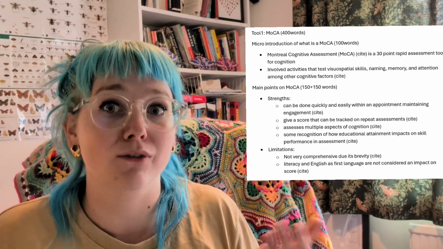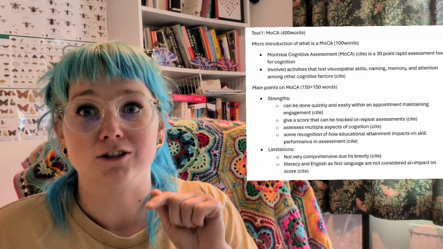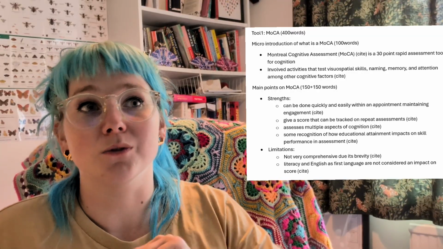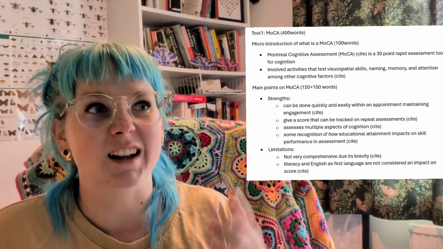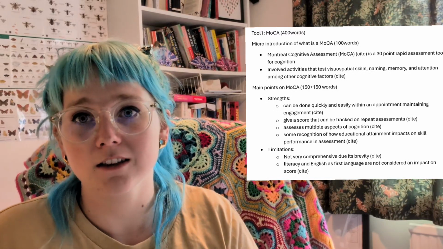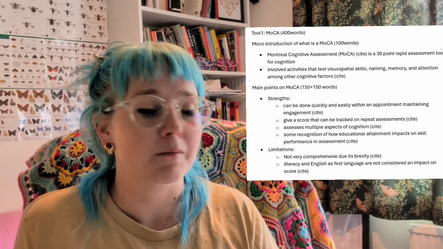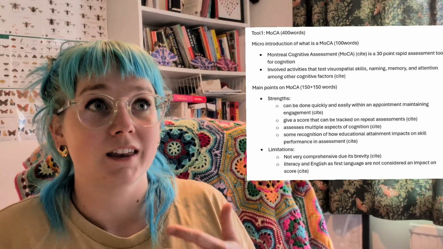Why is it a strength for this tool to give me a number so that when I assess my patient today, I can compare it to when I assess them 6 months into the future or 6 months into the past and compare that progression. And then we link to, here's another strength. So bringing it back through, or even not just here's another strength, linking it to here is an overall strength of the MOCA. So each of those points gets its own peel.